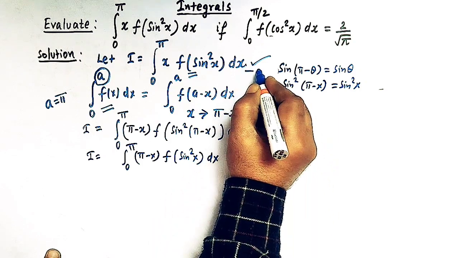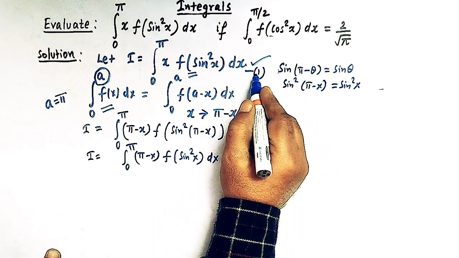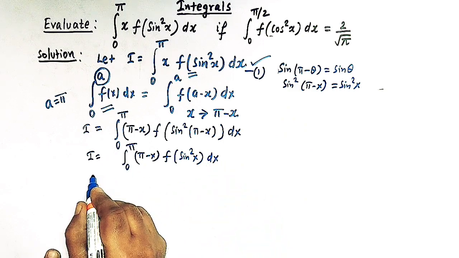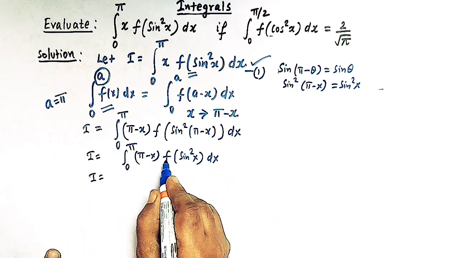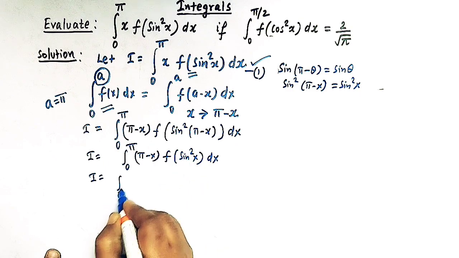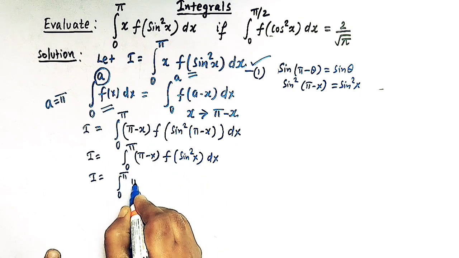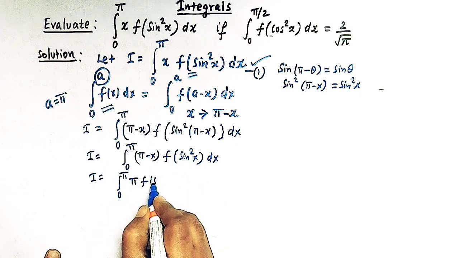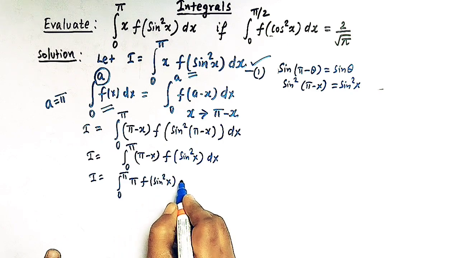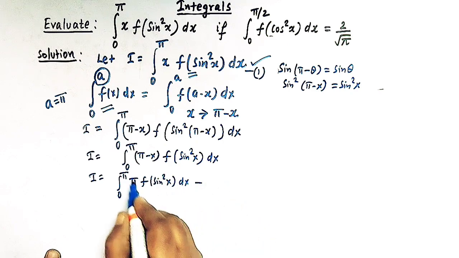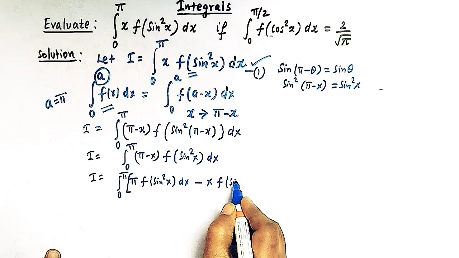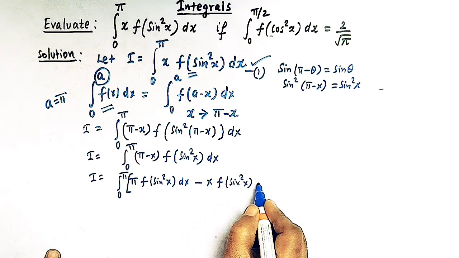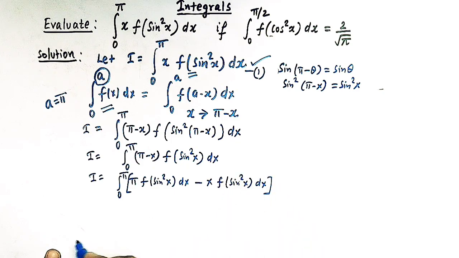So let us take this integral as 1, and here we can now multiply these two terms by f of sine square x. So we have the integral from 0 to pi of pi f of sine square x dx, and then we have minus x f of sine square x dx, right?